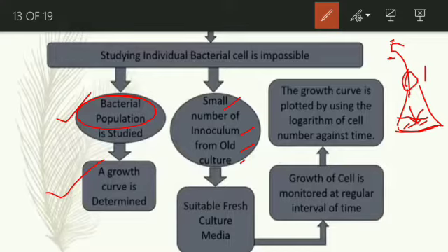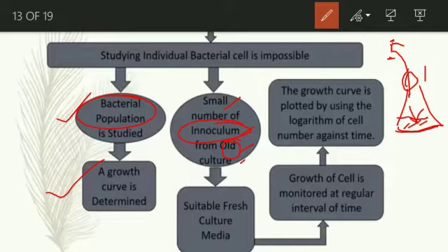A small amount of old culture, old bacteria, is taken and kept in fresh culture medium. This process is called inoculation. The small amount of bacteria that I put inside the fresh culture medium is called the inoculum. This is very important. This inoculum is generally prepared from an old culture.